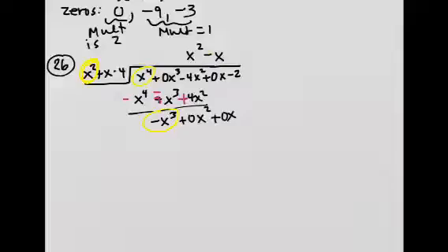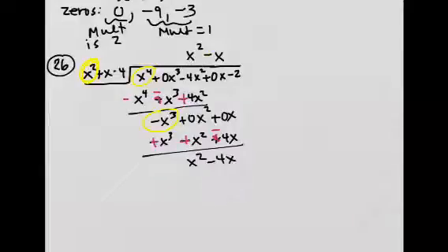And so you multiply, negative x cubed minus x squared plus 4x. We're going to combine. This gives me plus, because we're adding the opposite, and this is minus. So x squared plus 0 is x squared, and negative 4 plus 0 is negative 4.